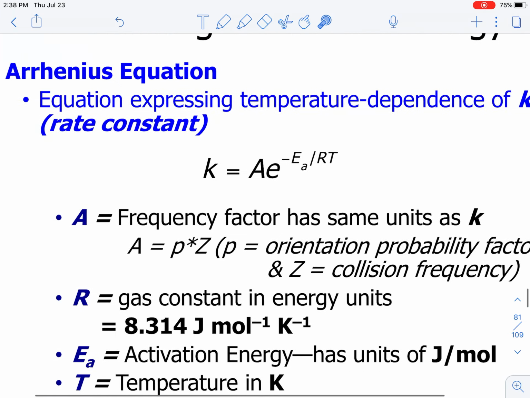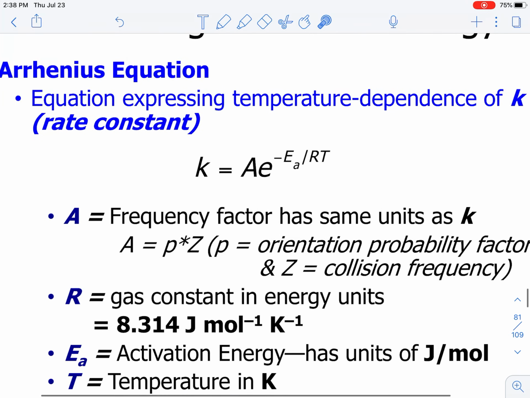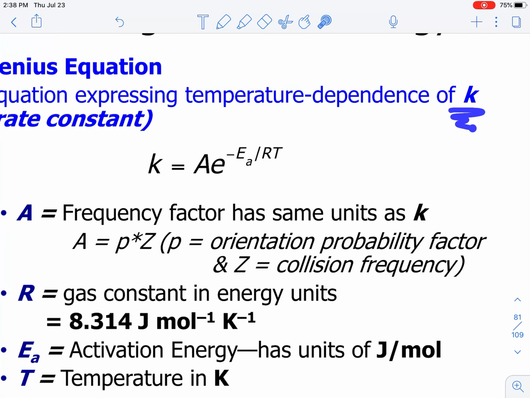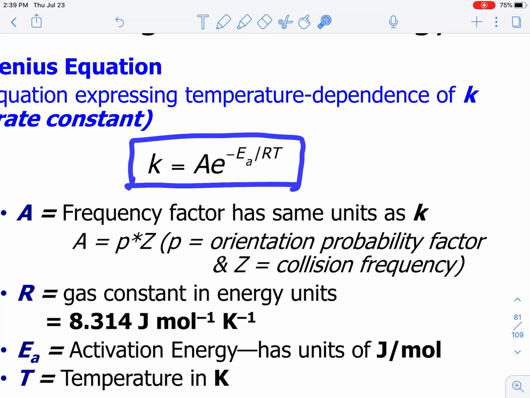And so the Arrhenius equation expresses how the rate constant k is dependent on temperature, as seen in this equation.